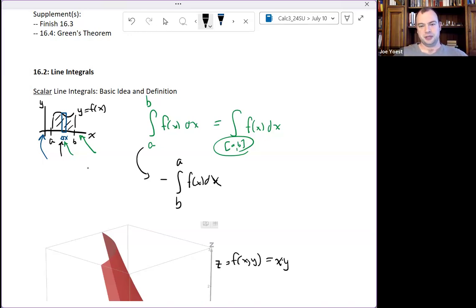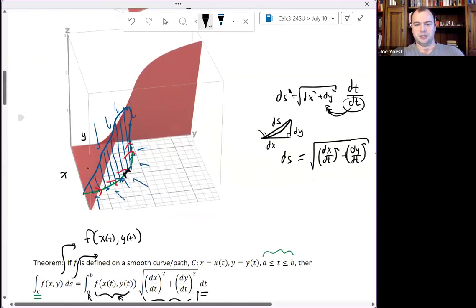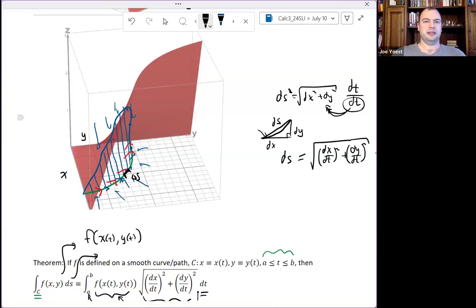The x-axis always is positive this direction and negative this direction. So there's kind of an implied direction here, but ds, a little chunk of arc length, or delta s, is a little chunk of length that doesn't really have a defined direction.